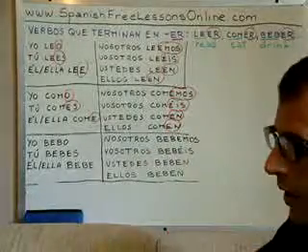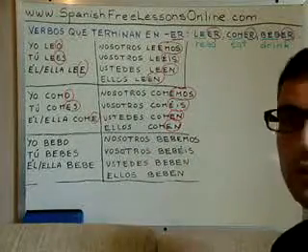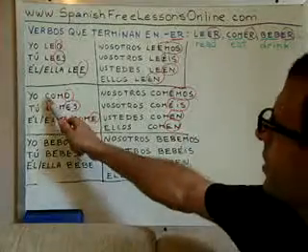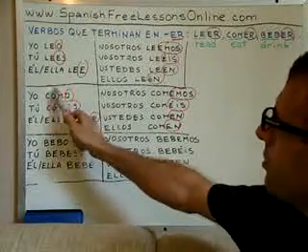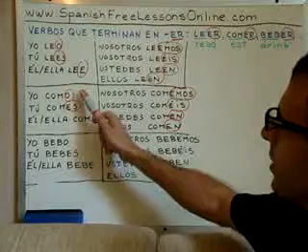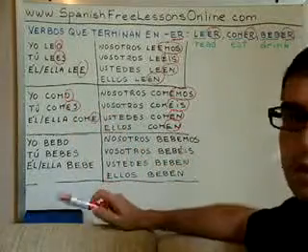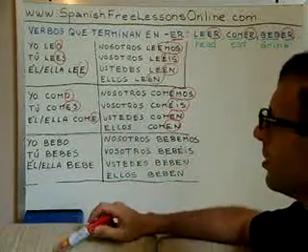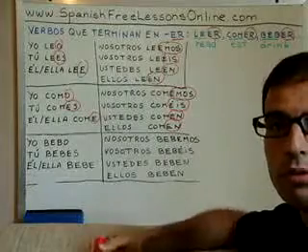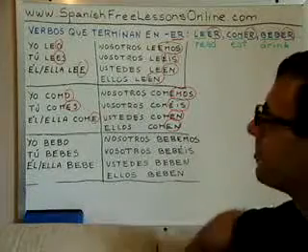You see that the rule is the same. You keep the root of the verb and you add the same ending, right? That you need to add for all the regular verbs ending in ER.